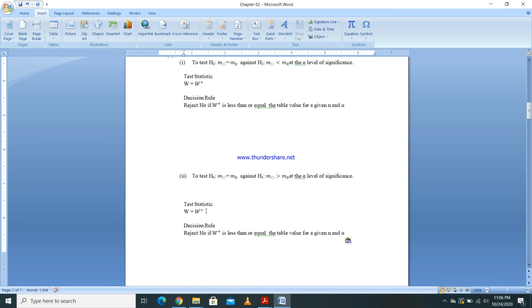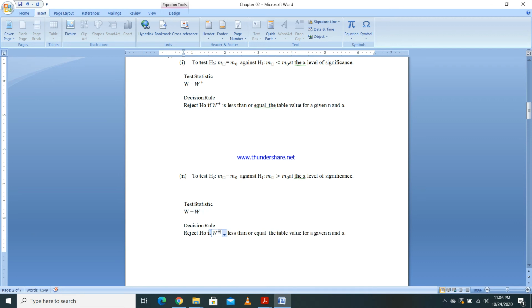In this case, our test statistic would be W minus. That is, you take your sample, calculate the differences, take the absolute values, rank them, and then take the summation of the ranks of the negative differences. That would be your test statistic. So in this case, how are you going to take the decision?